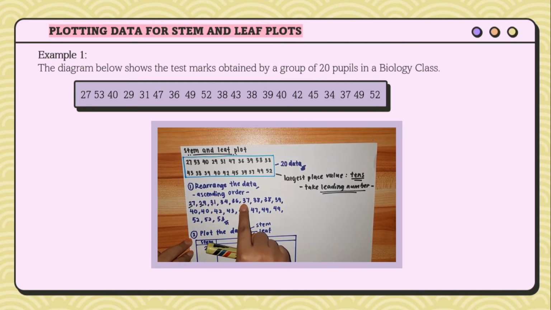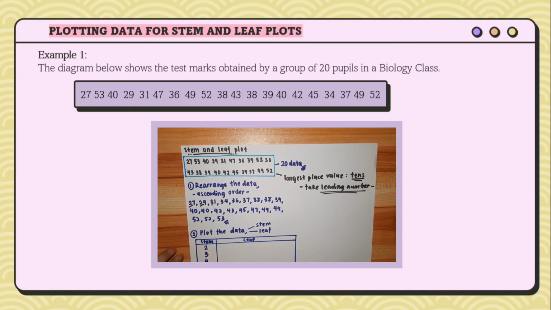You have to write the leading number only once. For numbers 40 until 49, the stem will be 4. So write down 4. And for the last three numbers, 52 until 53, the leading number or the stem will be 5. We are done with the stem.